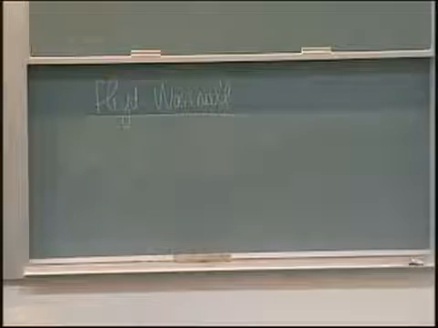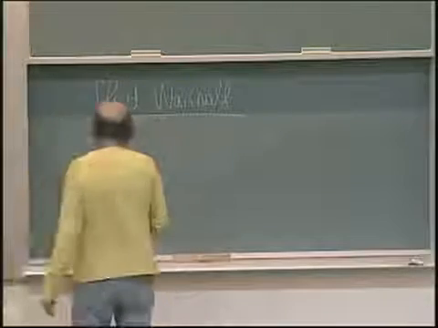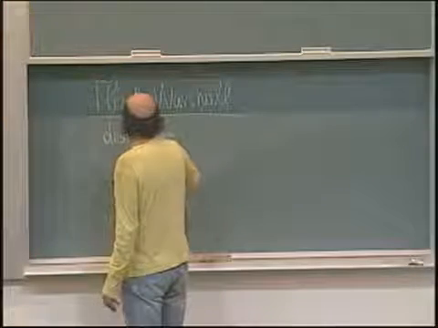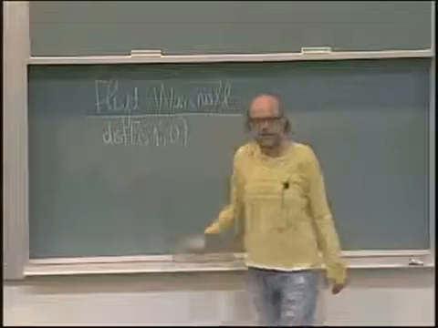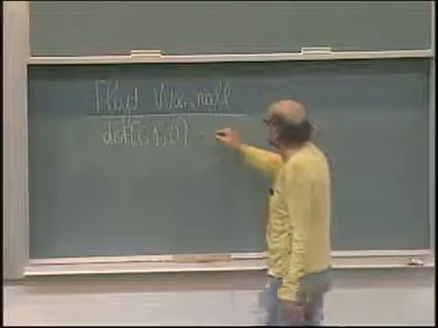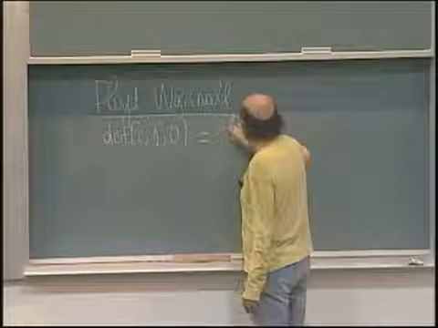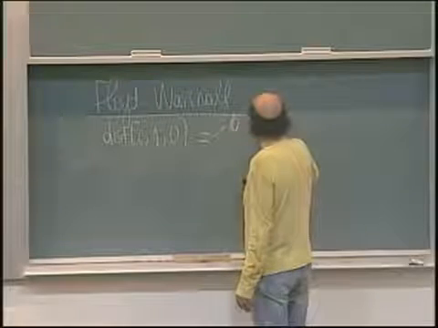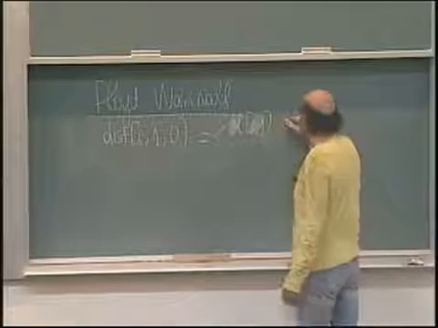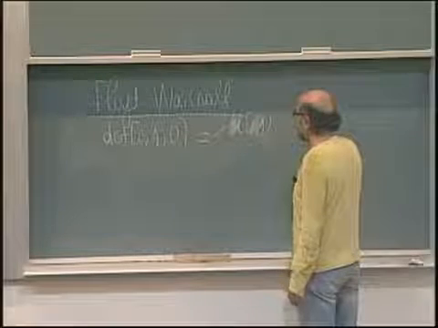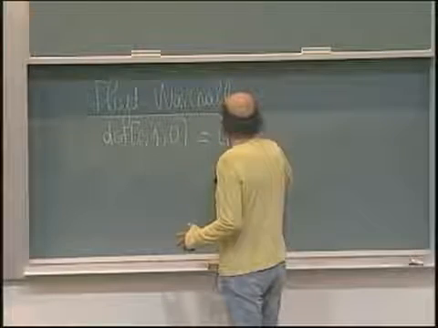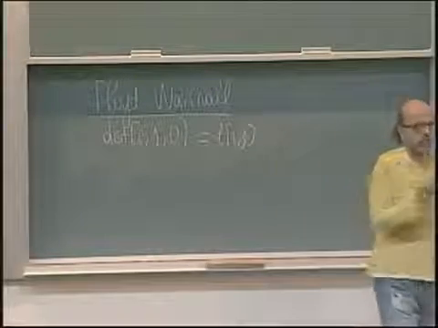So what do you do? How do you start? You have to initialize. So you say that the shortest path from i to j using intermediate nodes 1, 2, 3 up to 0, in other words, no intermediate nodes, okay, is the length of the edge from i to j, because this is the only way to go from i to j.